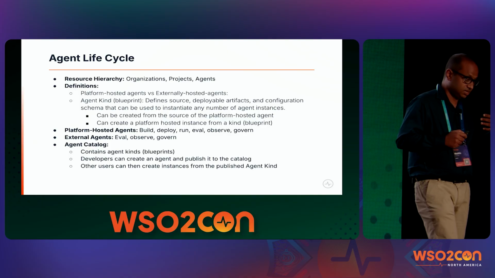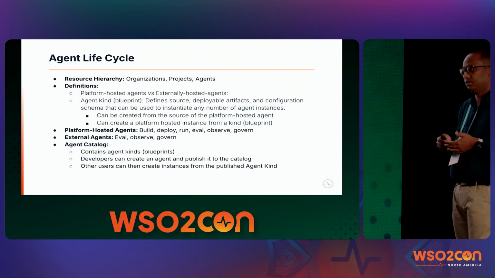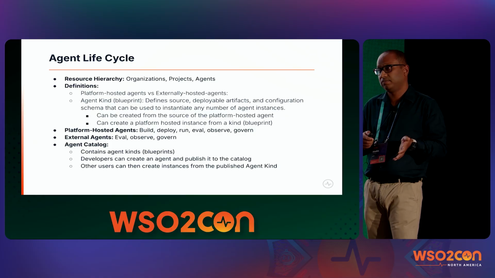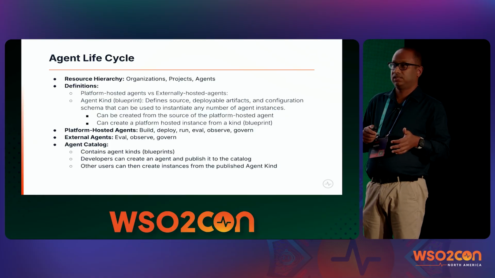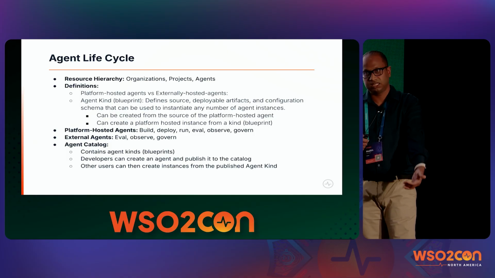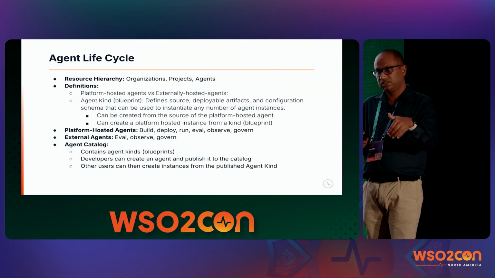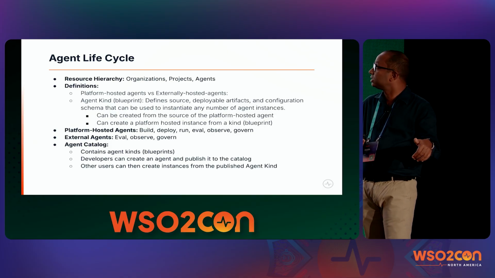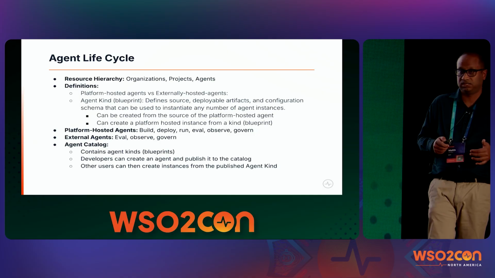There are two types of agents that the Agent Manager can manage. The first one we call platform-hosted agents. These are the agents that are deployed into the Agent Manager, where we manage the full life cycle, right? And then we have externally hosted agents.